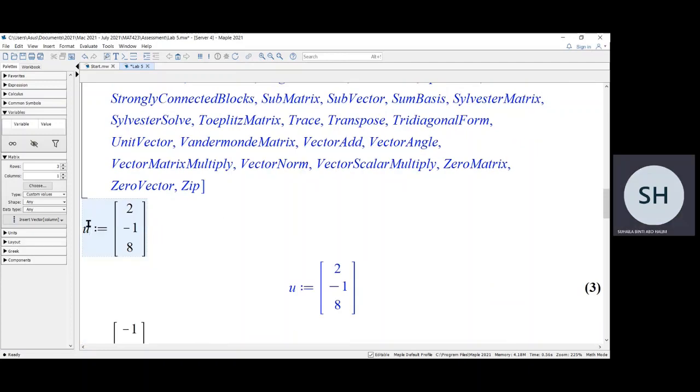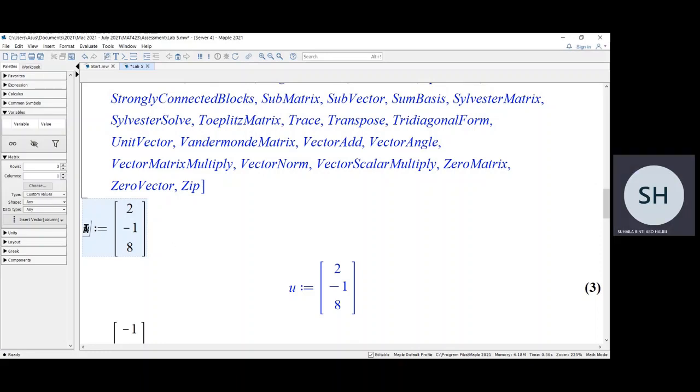Okay, so first we need to define our first vector. To define a vector, we can use the palette here, which is Matrix. We can call a matrix of certain rows with one column to represent a vector. So here we call a vector with 3 rows and 1 column. This is our vector.